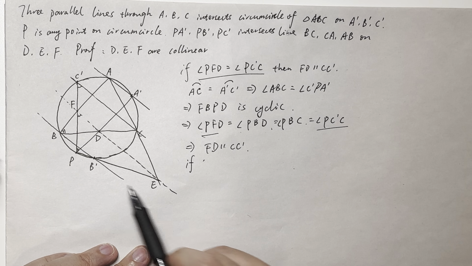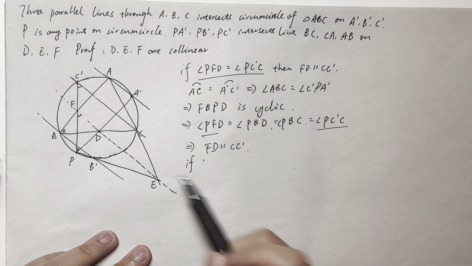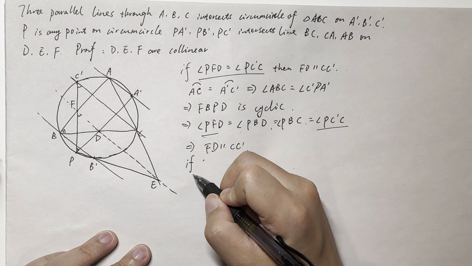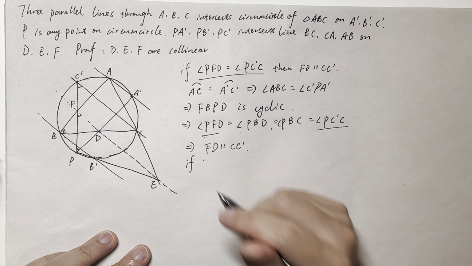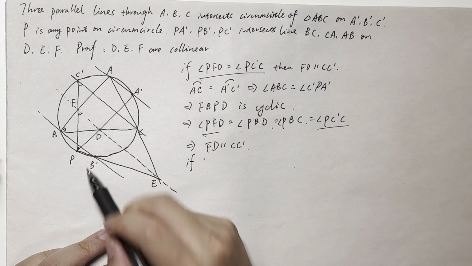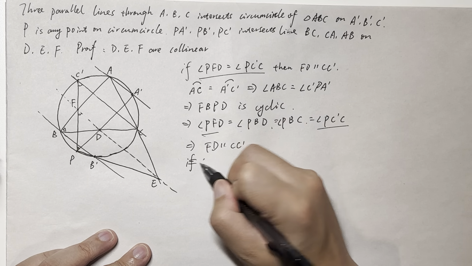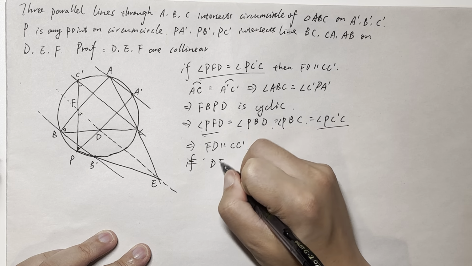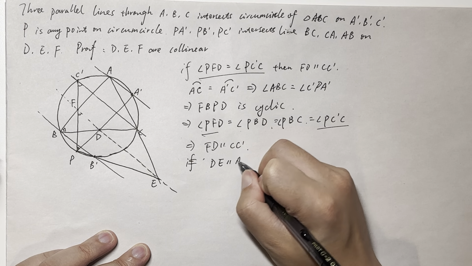So now let me just use a reverse thinking way to do this, right? We want to prove that DE is in parallel with AA prime.